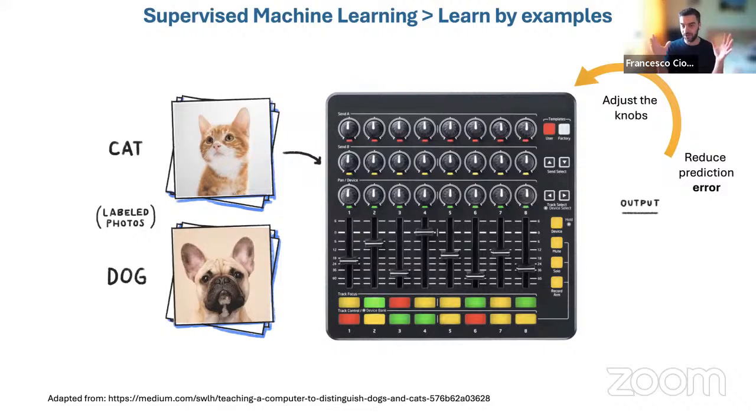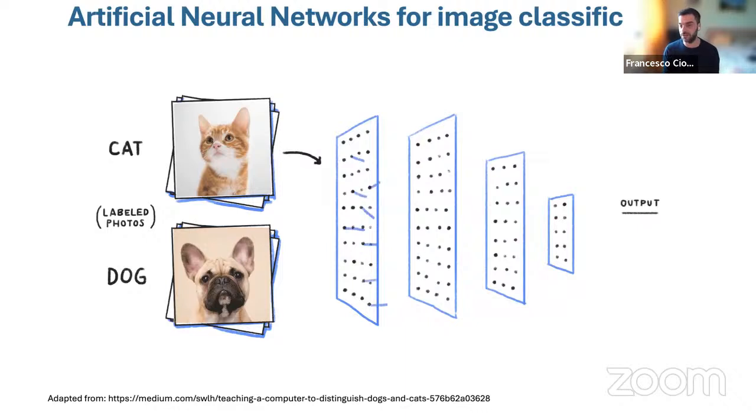You can imagine a model as a gigantic mixer where you have all these knobs. Initially, it just produces noise, and then you start tuning these knobs by minimizing the prediction error. And this is the typical example with cats and dogs. So image classification, at some point you get it right. It means that you have trained your model, and your model is typically an artificial neural network.